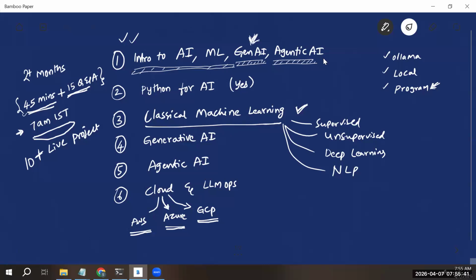We will spend the next few sessions on understanding machine learning, generative AI, agentic AI, and combinations of those. What is the difference between AI, ML, DI, DS, all that stuff, we will do in the next session. For a couple of sessions, we will talk about the basics. Then we will get into Python for AI. Then we will spend good time on classical machine learning. Then we'll spend a very, very good time on generative AI and agentic AI.